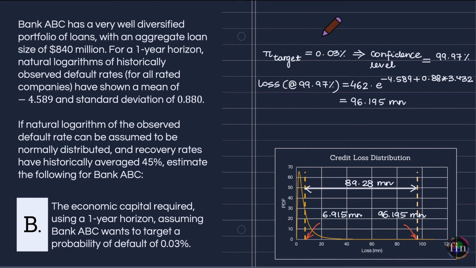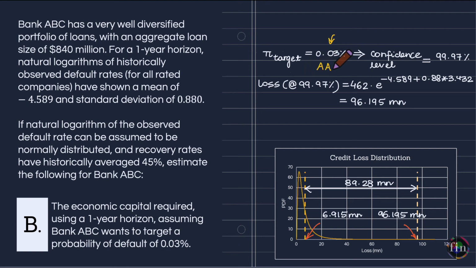Please note that economic capital is computed on the basis of a certain target probability of default, a probability number which bank ABC wants to target for itself. Let me assume that bank ABC has a certain target rating in mind, for example, a AA rating.